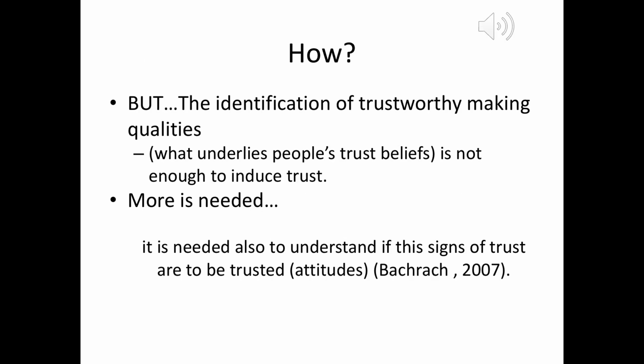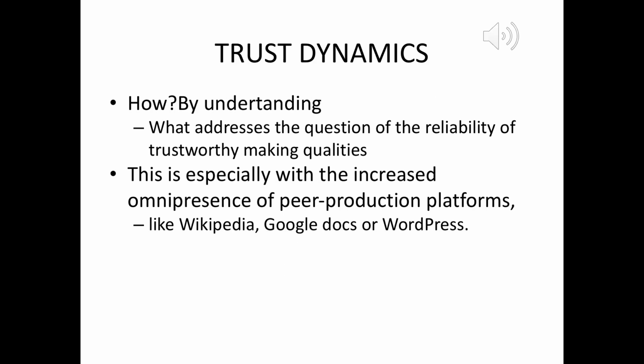As trust is a very complex topic, being able to identify certain trustworthy qualities or reassurance qualities is not enough to understand if the identified qualities are enough to induce trust. We need to understand if those qualities that we identified are to be trusted or not. How can we do that? That's why trust is a very dynamic process that evolves through time.